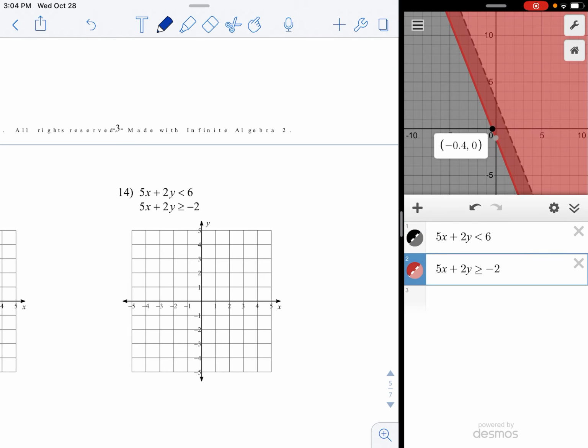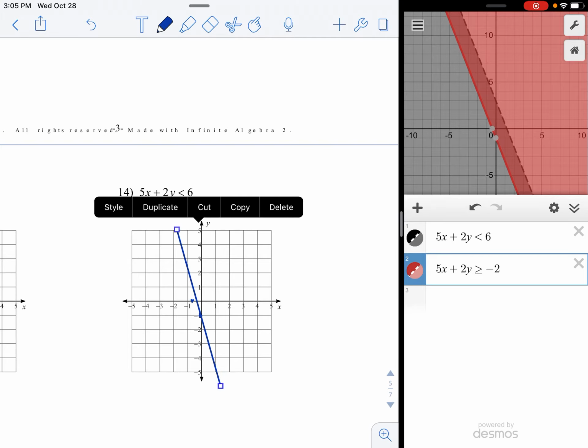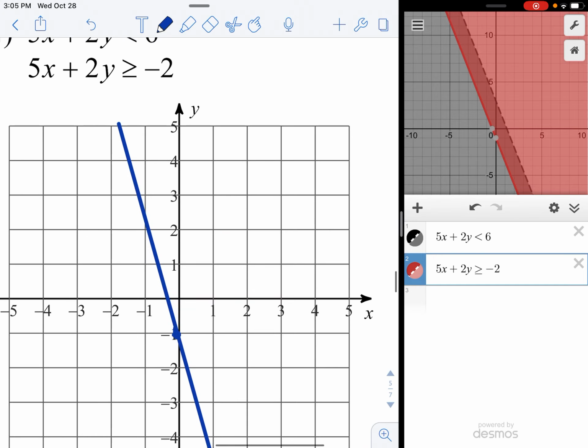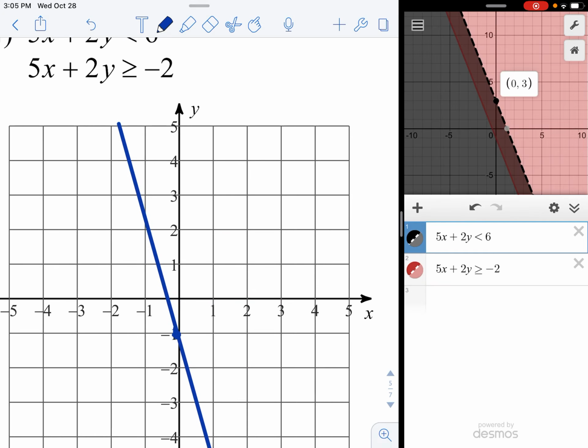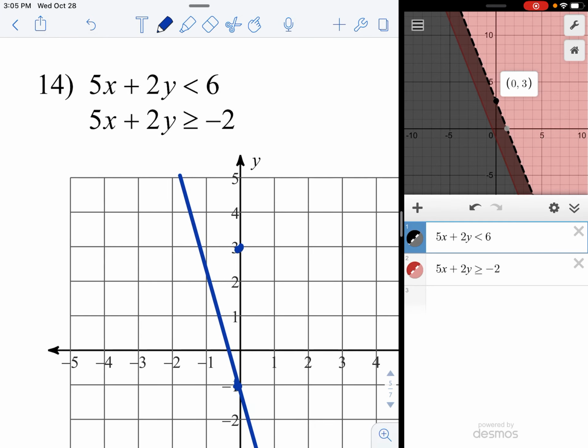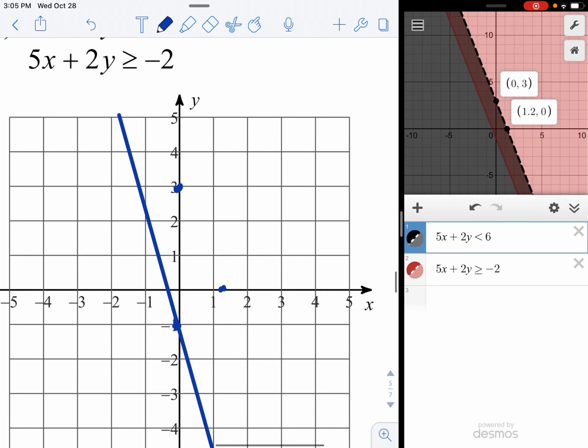Start over. So, okay, that solid line I guess I had right. So kind of like this-ish. Yeah, I just drew that dot in a bad spot. And then the other one, the dotted line, 0, 3. Good grief. 1.2, maybe somewhere like this.